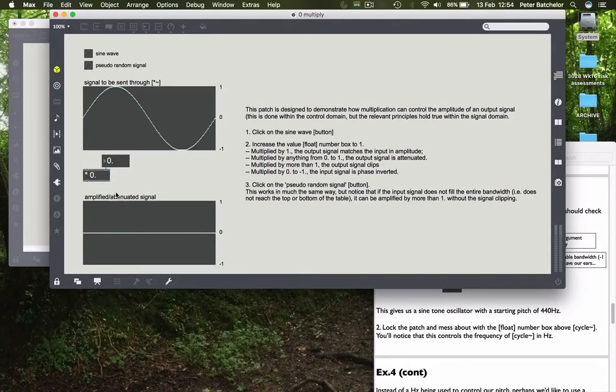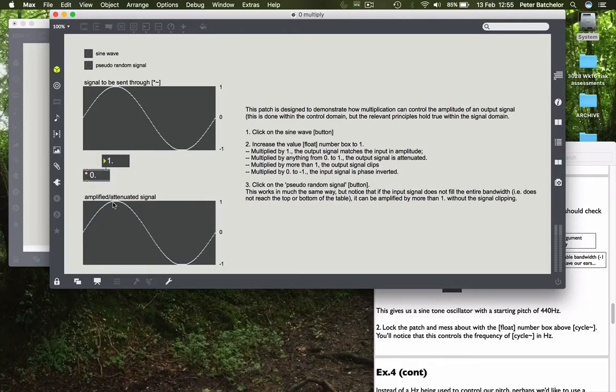If I multiply everything by 1, then we can imagine that we will get the same values out that we put in. So 0 multiplied by 1 is 0, 0.01 multiplied by 1 is 0.01, 0.02 multiplied by 1 is 0.02, and so on. When we get to 1 multiplied by 1 is 1, down to minus 1 multiplied by 1 is minus 1, and back to 0.